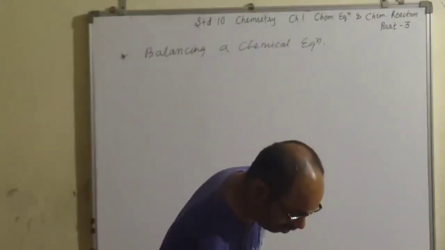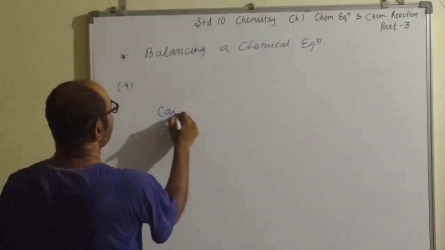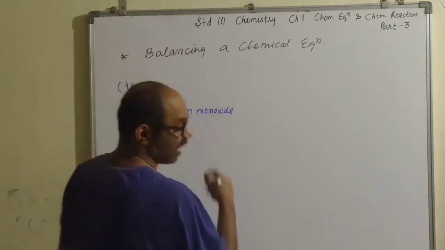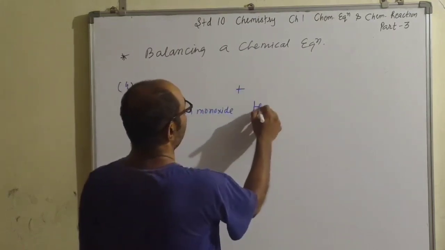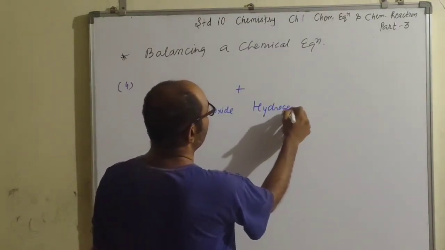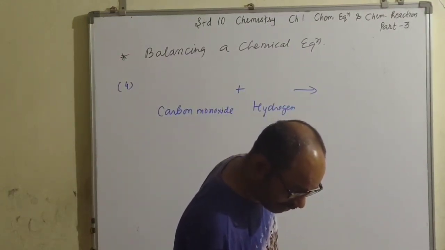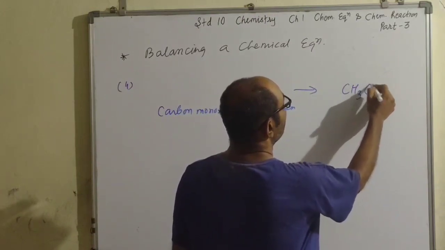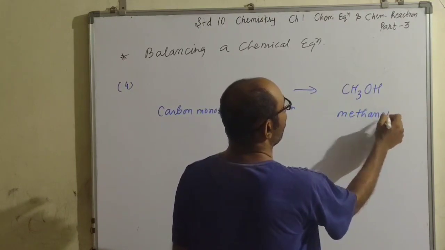Now equation number 4. Carbon monoxide. Alright. When it reacts with hydrogen, it gives you methanol.